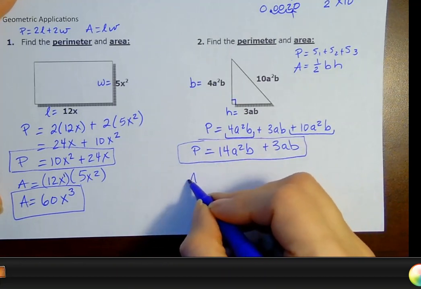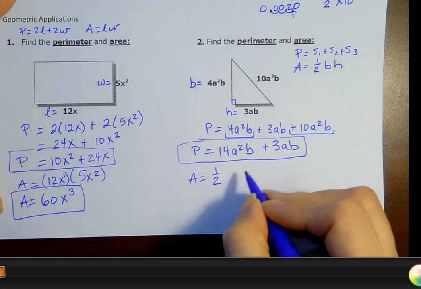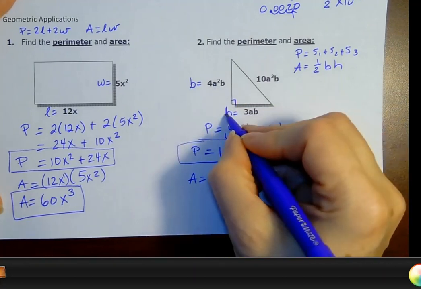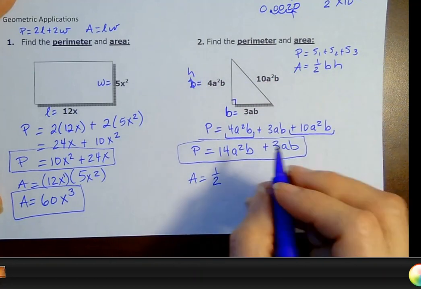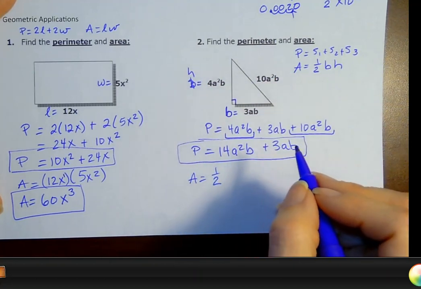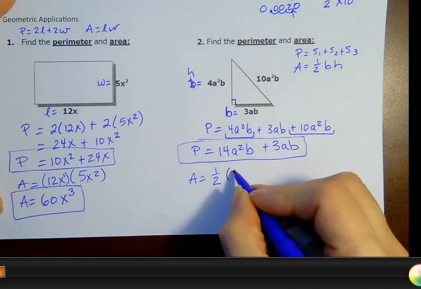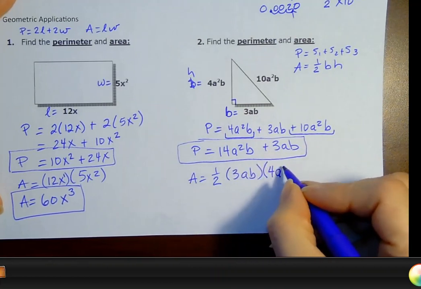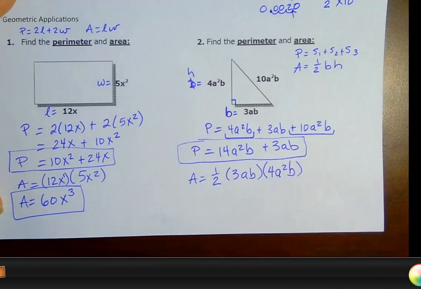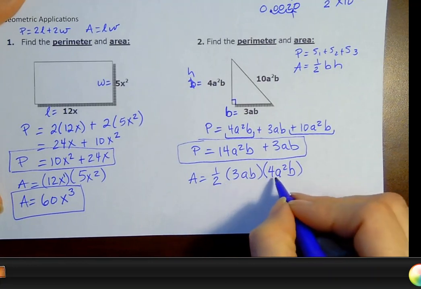My area is 1/2 times the base. Now I suppose I should have said that's base and maybe that's height. That kind of makes more sense visually, doesn't it? Doesn't matter because I could rotate that, couldn't I? Okay, my base, we're going to say it's 3ab, and my height, we're going to say is 4a squared b. Okay, so I'm going to multiply my numbers together. 1/2 times 3 times 4.